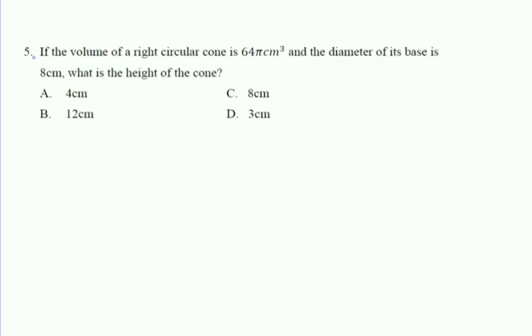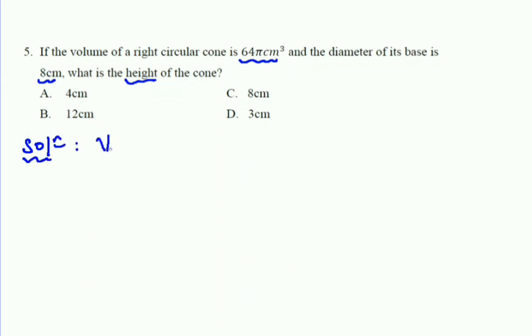The next problem is about right circular cone. If the volume of the right circular cone is 64 pi centimeter cube and the diameter of the base is 8 centimeter, so what is the height of the cone? So let us write the given information about the right circular cone first.